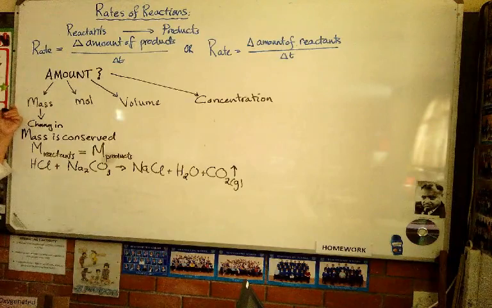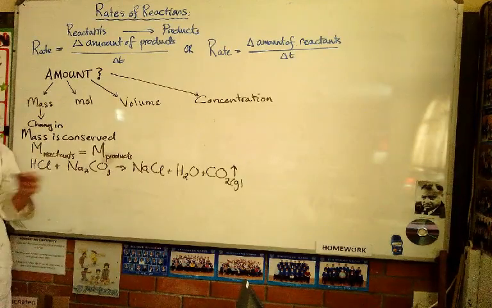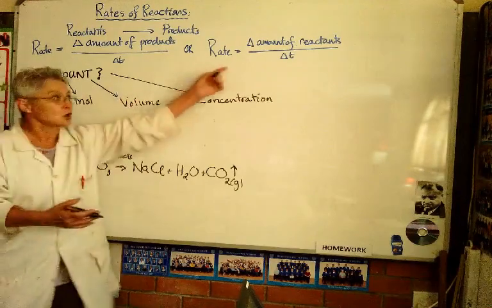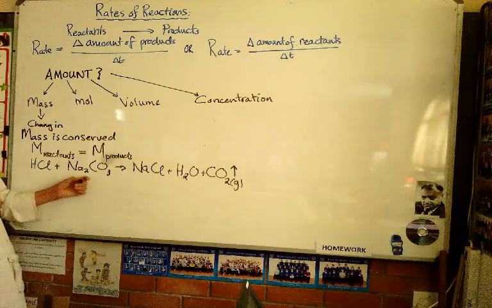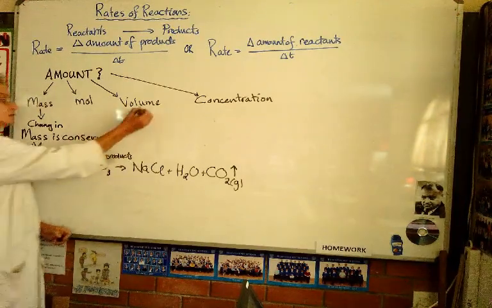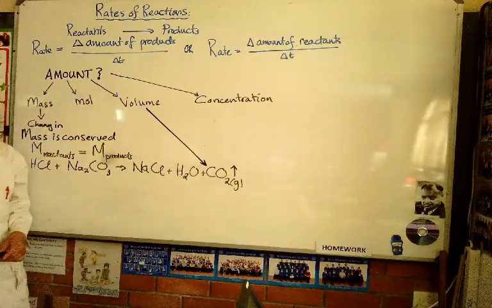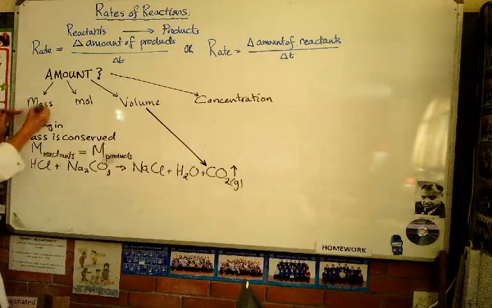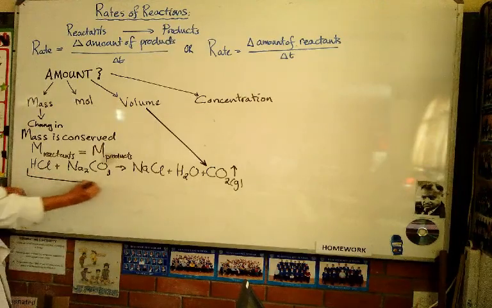So when a gas is formed, there will be a change in the mass of the reaction mixture, the amount of reactants. Or I can measure the amount of gas forming, so I can measure the volume of the gas as it forms per unit time.